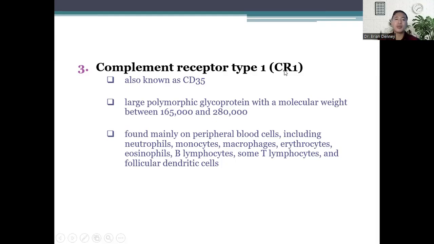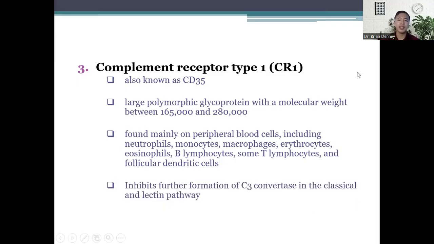So what I want you to know is that CR1 or complement receptor type 1 is also known as CD35, and that your CD35 targets your classical and lectin pathway. It inhibits formation of your C3 convertase in the classical and lectin pathway.